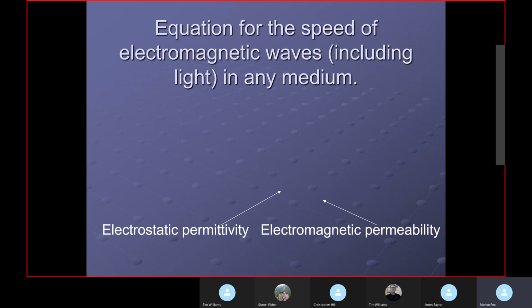That power. Now we're going to look at this when we think about it here a minute. We're going to look at the speed of light, and we'll look at the equation for the speed of electromagnetic waves, including light in any medium. Here is the velocity, and that's the speed or velocity. Velocity and speed are not the same thing, but let's just use them interchangeably for right now.